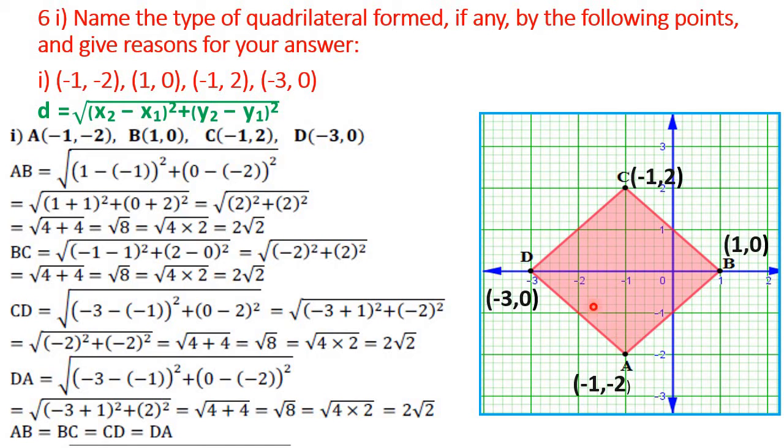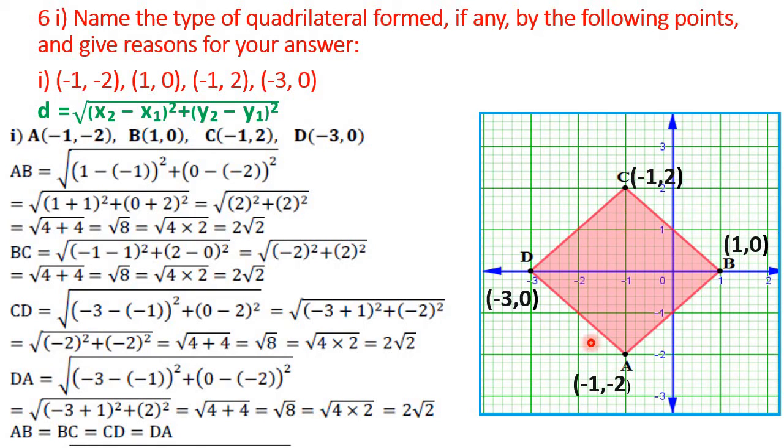If the diagonals are equal and all sides are equal, then we can conclude that the given vertices form a square. So we have to recall the properties of a square. In a square, all sides are equal, so the lengths of AB, BC, CD and AD are equal, and the diagonals BD and AC are equal.